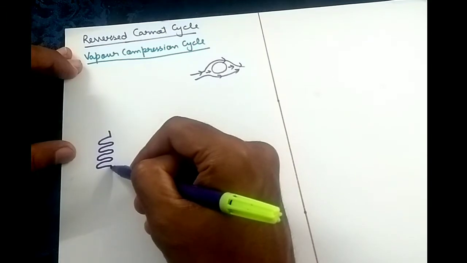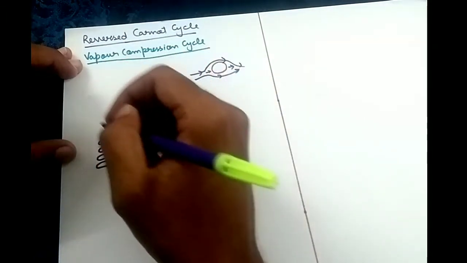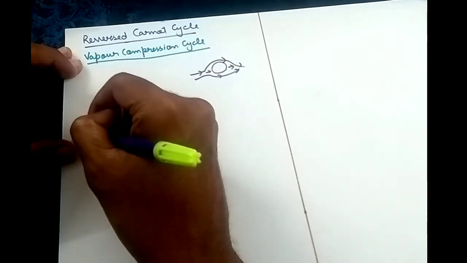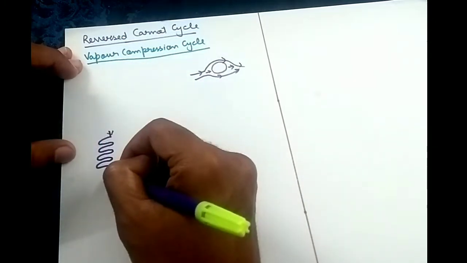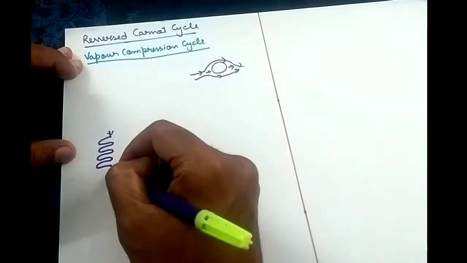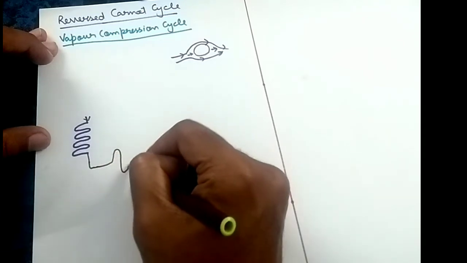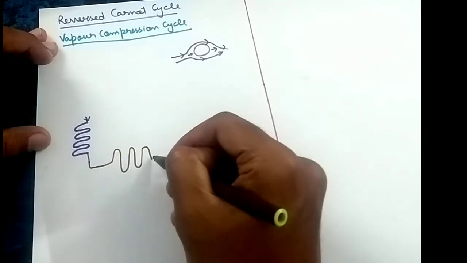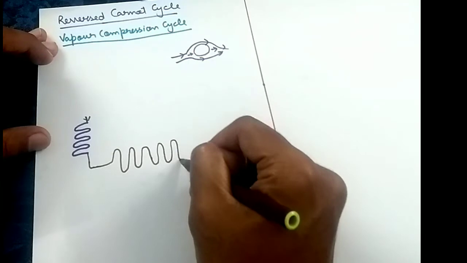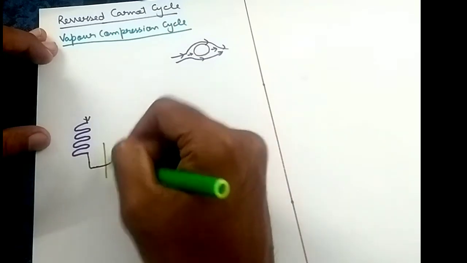We have a liquid flowing from here, and from here the capillary tube is then passed to the evaporator. This is the evaporator, and this is the place where we put a cabinet.